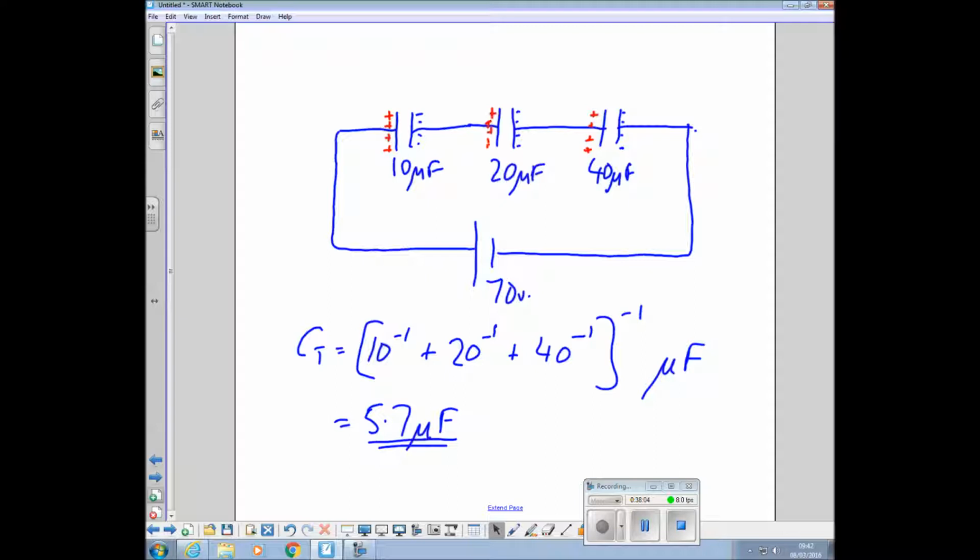So what does that tell you about the charge on each capacitor, despite them being different values? The same charge on every capacitor. Yeah? What do you think the relationship is between that and the total charge on that circuit? The charge that can do work.